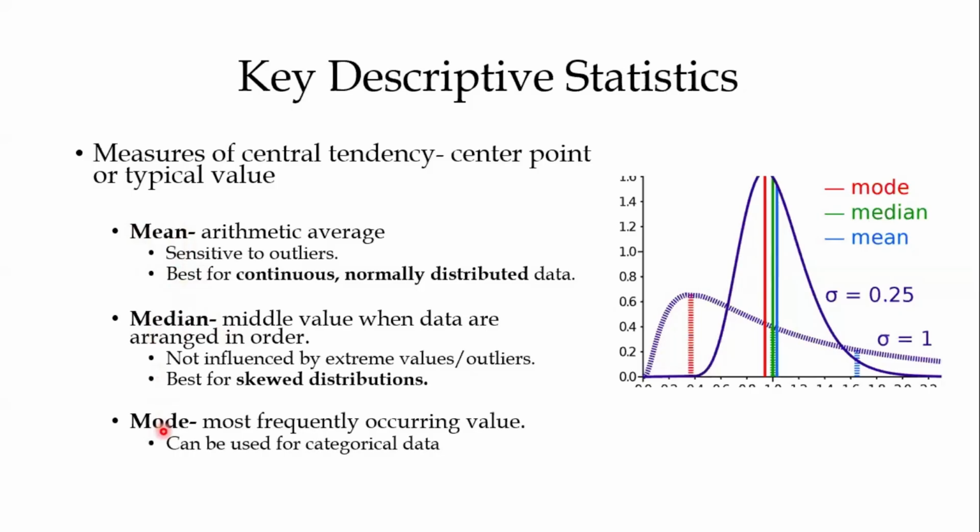Mode can be used for continuous data, but often we use it for categorical data. We have also agreed that means are useful when you have normally distributed data, and median when you have data that is skewed. A general rule of thumb is that the smaller the sample size, the less likely the data will be continuous, right?